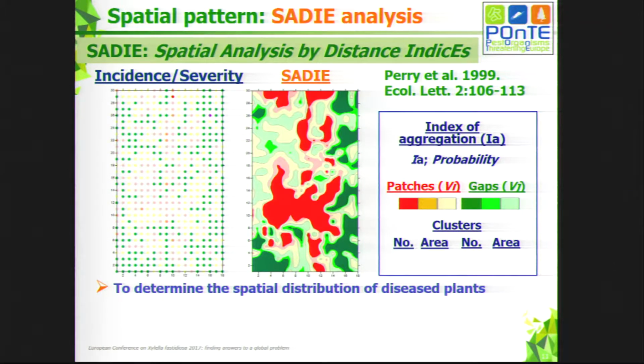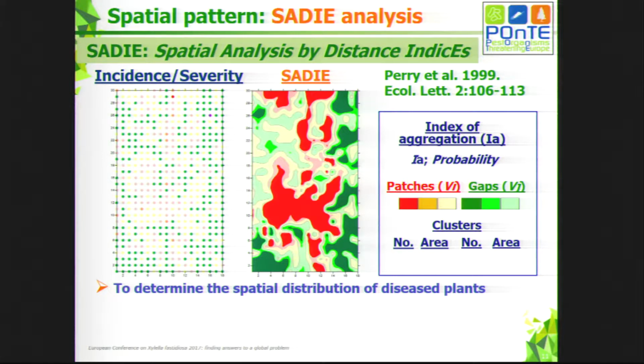The patches are those areas in the field that are obviously more affected and can spread the disease, and the gaps are those that are low affected or not affected and are more likely to receive the disease or to become affected.